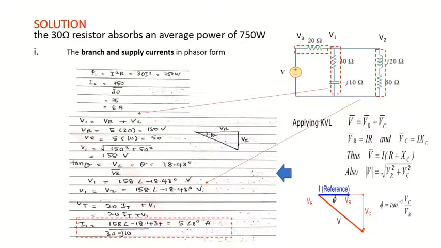So you get I squared equivalent to 25. So I1 is equivalent to 5 amperes.